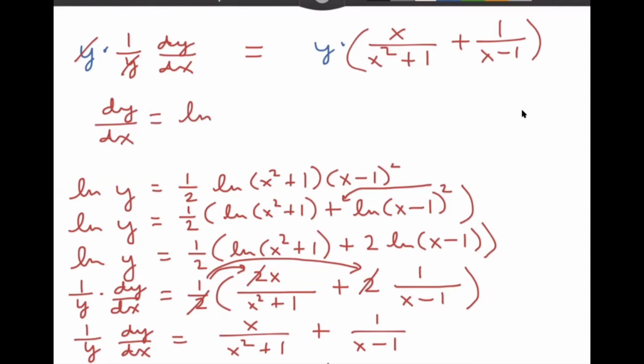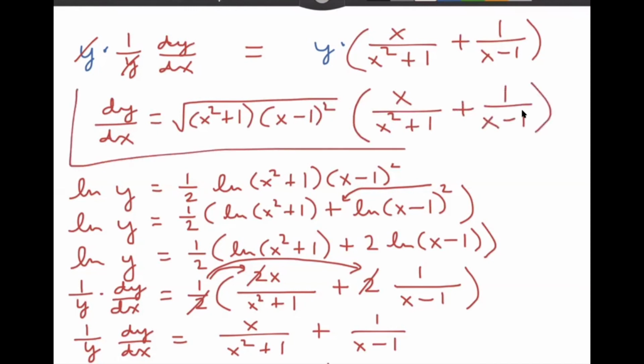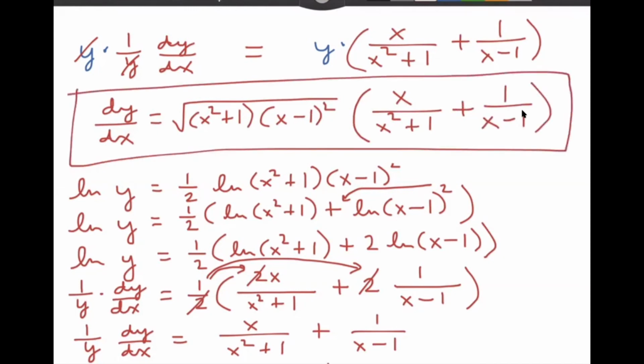Wait a minute. No, it wasn't natural log. It was the square root of (x squared plus 1) times (x minus 1) squared. And then you just keep this stuff: x over (x squared plus 1) plus 1/(x minus 1). Woohoo! All right, there it is.